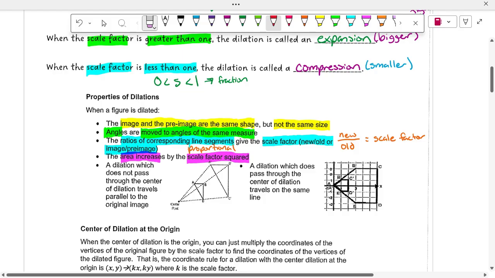Trust me, because I teach Math 3, you will see volume and surface area again. And if you don't know exactly what it means in a general sense, it'll be kind of tough.